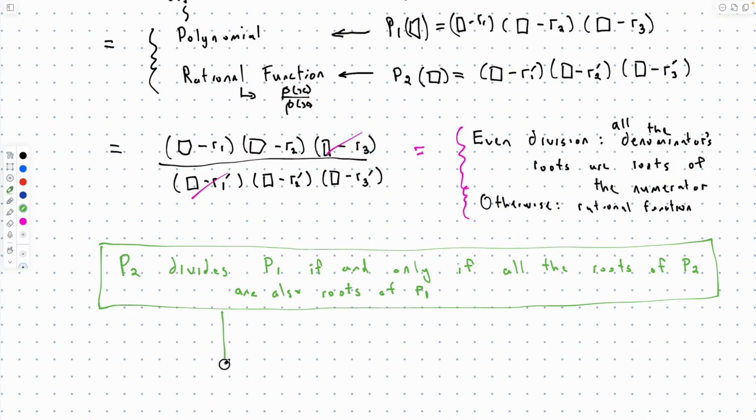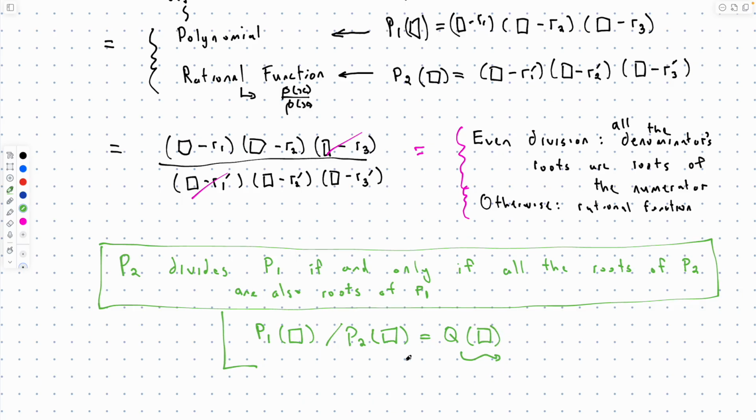And in math form, I'll just write that P1 over P2. I'll just write it like this. Equals something, we'll call it Q. And this will be a polynomial.